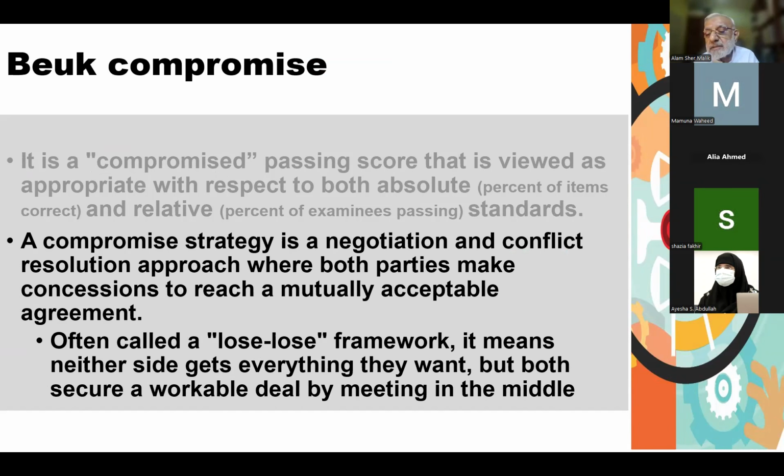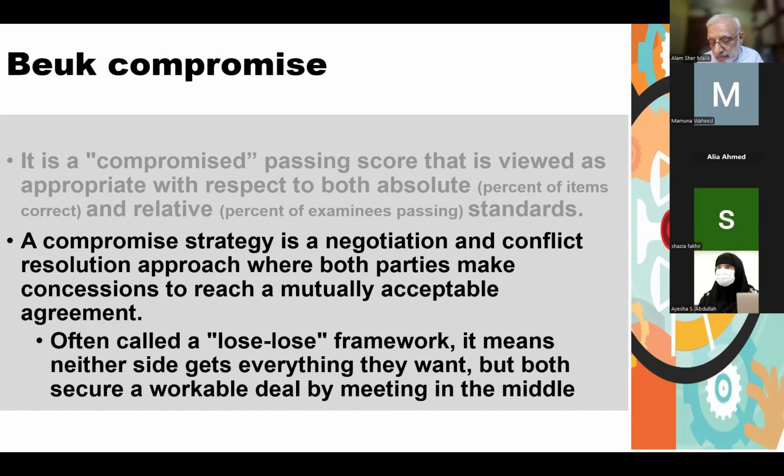And interestingly, the term used is a lose-lose framework. It's not a win-win framework. It's a lose-lose framework in that both groups have to give up some of their opinion and come to a consensus. So a compromise strategy is a negotiation and conflict resolution approach where both parties make concessions to reach a mutually acceptable agreement.